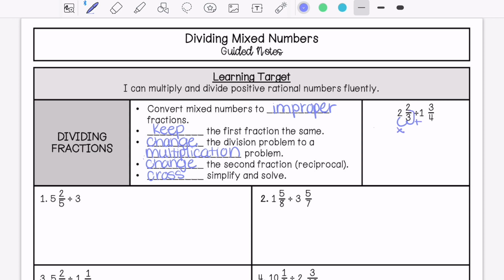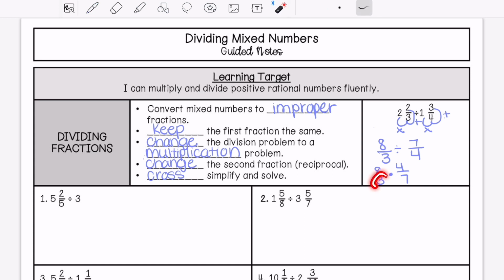So 2 times 3 is 6, plus 2 is 8. So we have 8/3 divided by 1 times 4 is 4, plus 3 is 7/4. So then we are going to keep, change, flip.